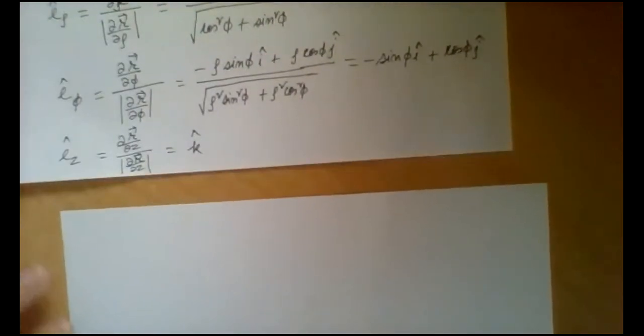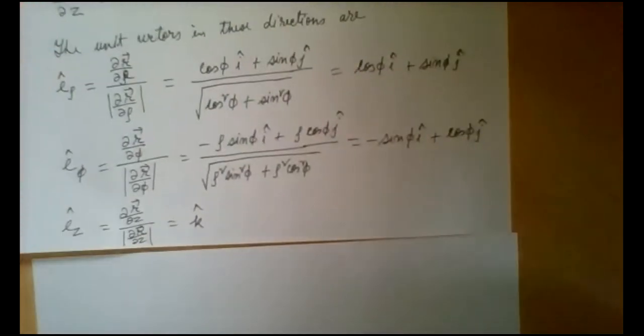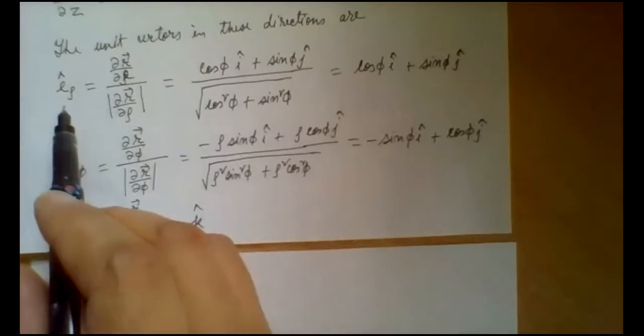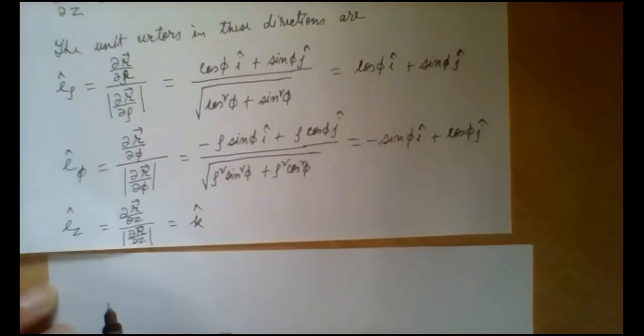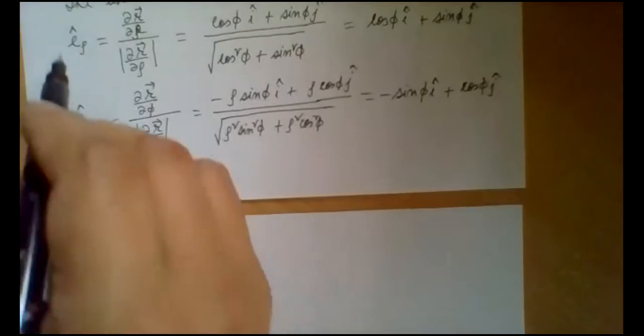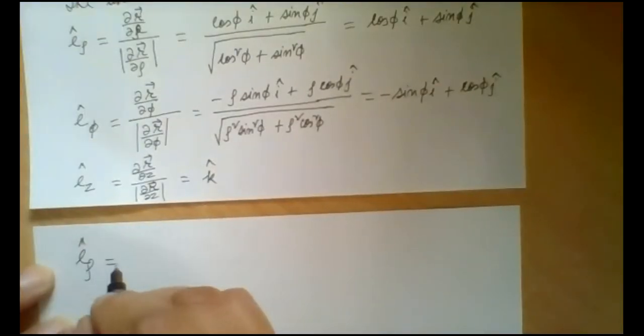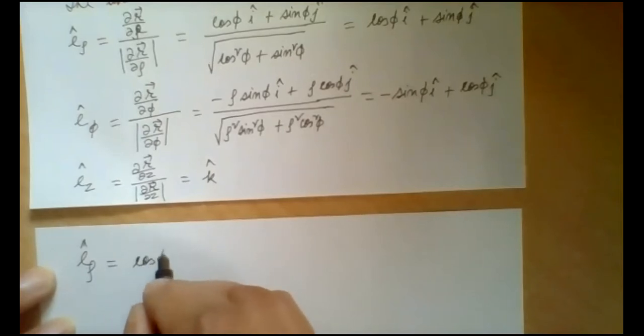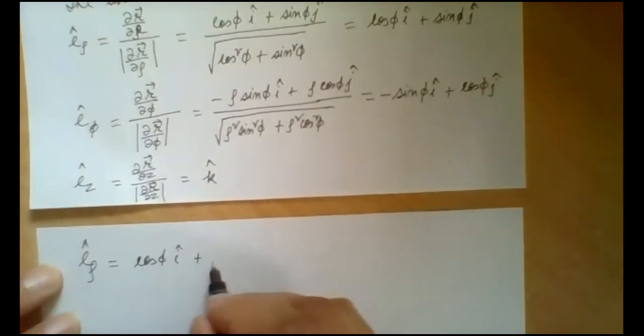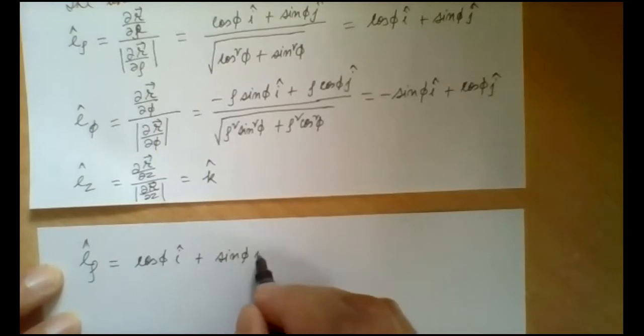We have already obtained the value of E phi. We already have E rho, E phi, Ez. So E rho is cos phi i hat plus sin phi j hat.